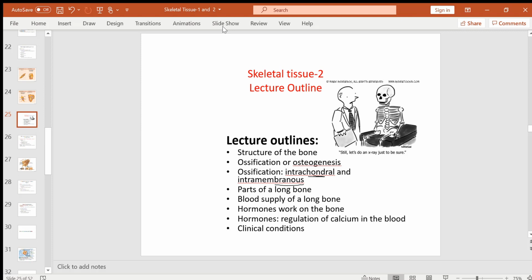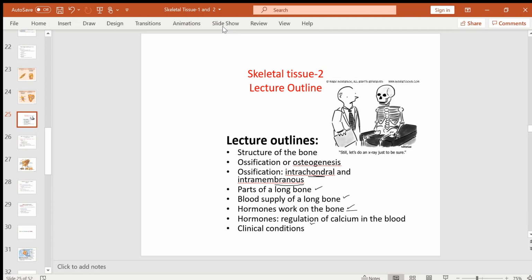Then we'll talk about the parts of a long bone, the blood supply of a long bone, and the hormones that work on the bone, and the hormones that regulate the calcium in the blood. So two types of hormones.